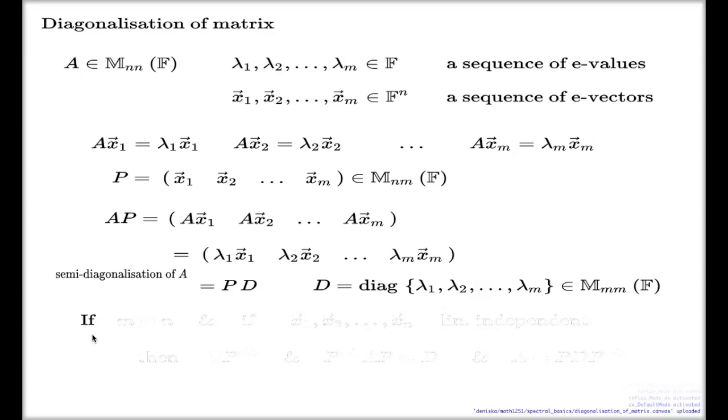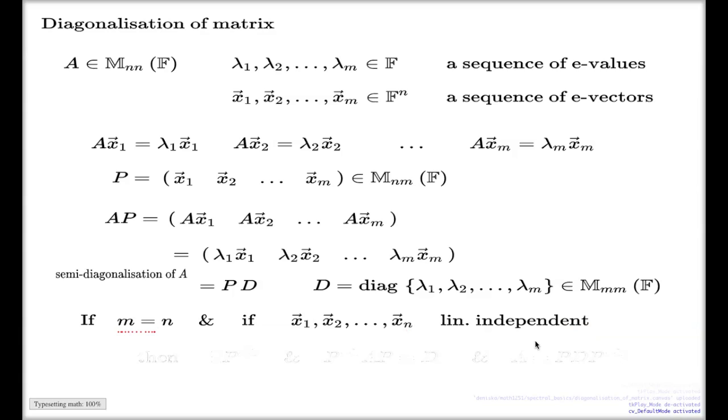If I introduce an extra assumption, if it so happened that m equal n, if the number of eigenvectors, associated eigenvectors, is the same as the dimension of your matrix, and if it so happened that the eigenvectors, this time you will have n of them, because m equal n, are linearly independent, then what can I say in that case?